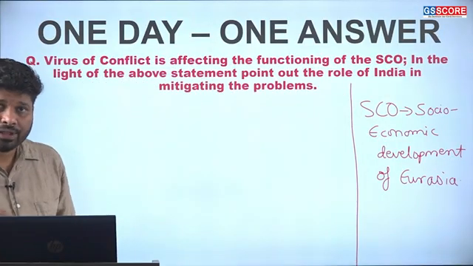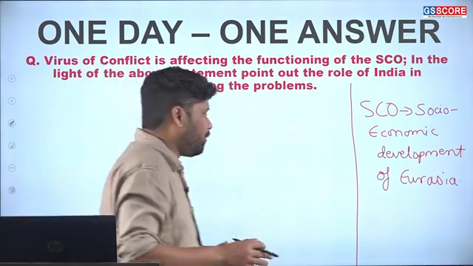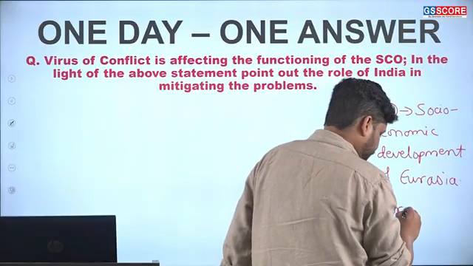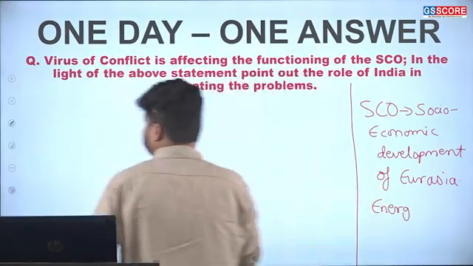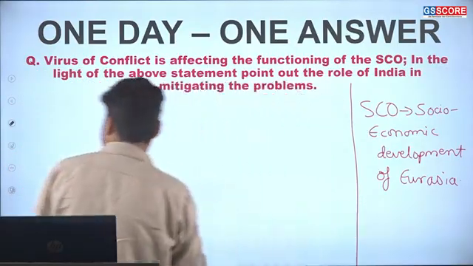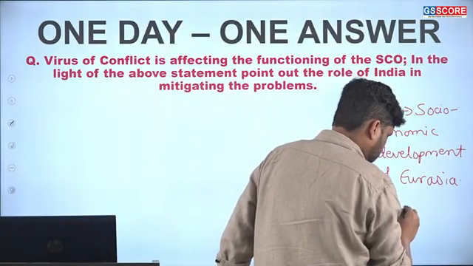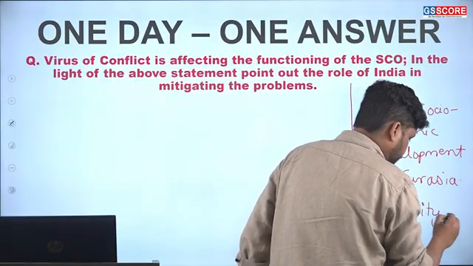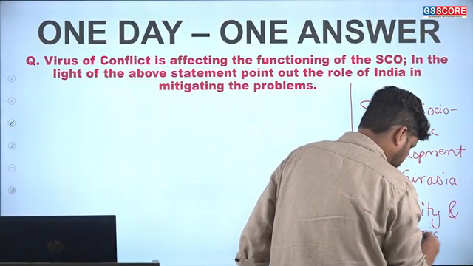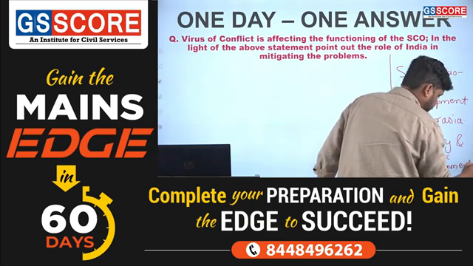When you talk about a socio-economic organization, elaborate a bit further: it also looks into or takes care of energy security or security in general. It looks into security and economic development of the region as a whole.